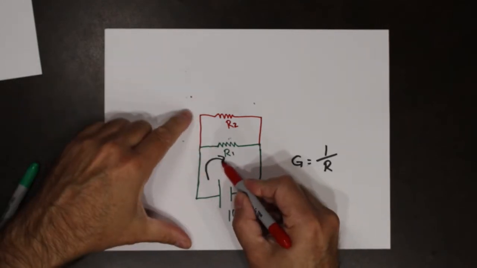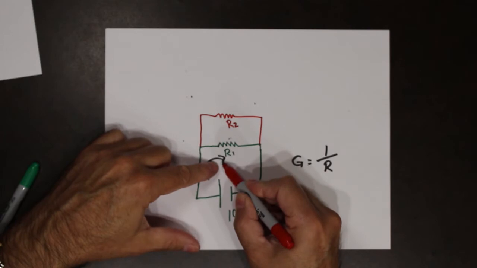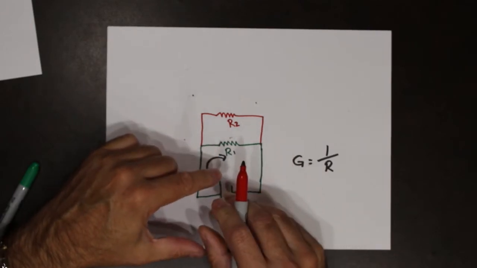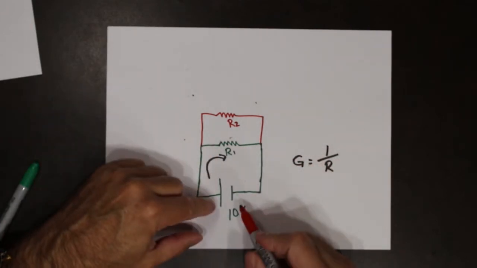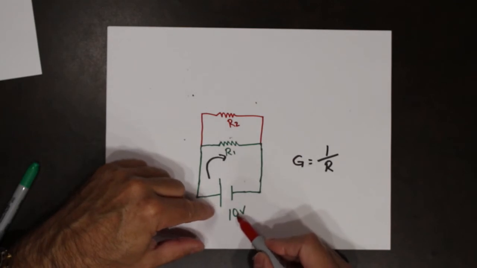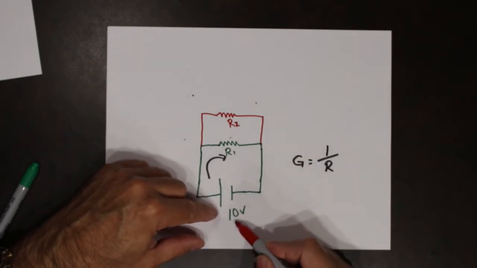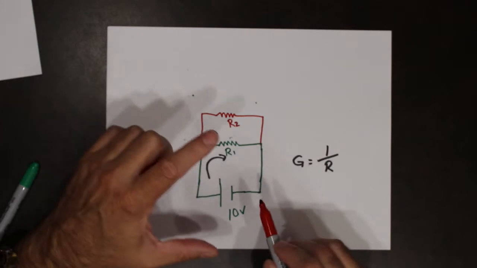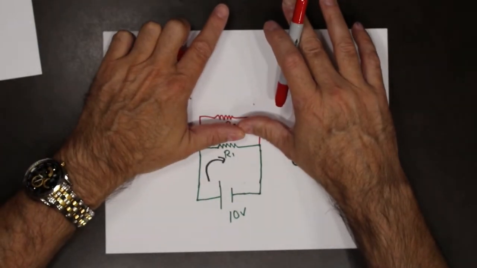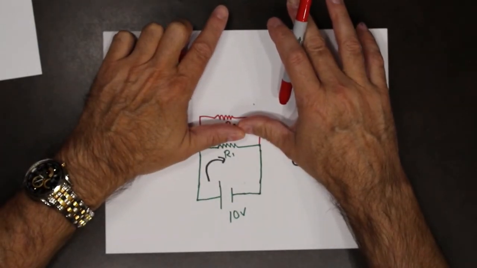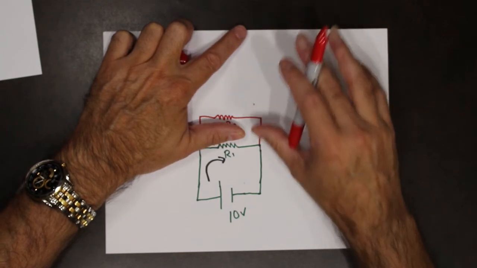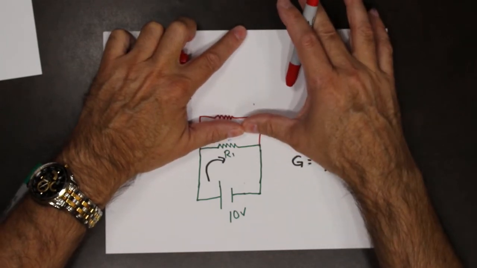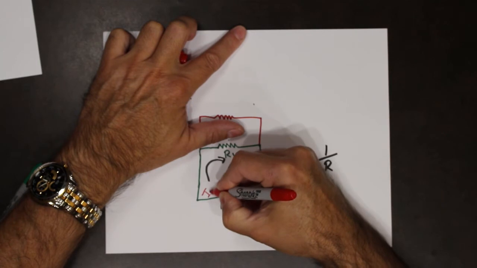Does anything change with the amount of current that's flowing through R1? No, because the current through R1 is based on Ohm's law: 10 volts divided by R1. It doesn't matter if R2 is there or not. So we would have a certain total current, I total.